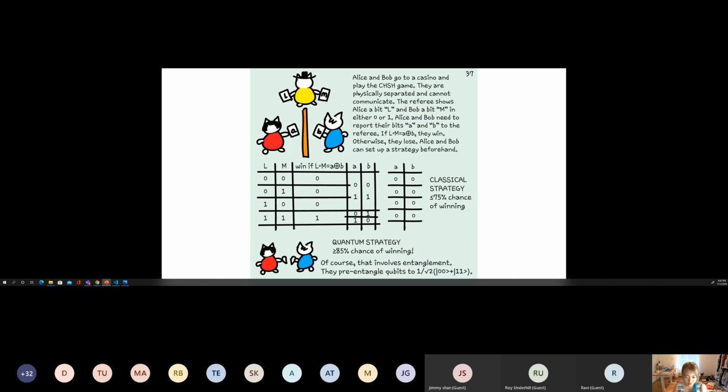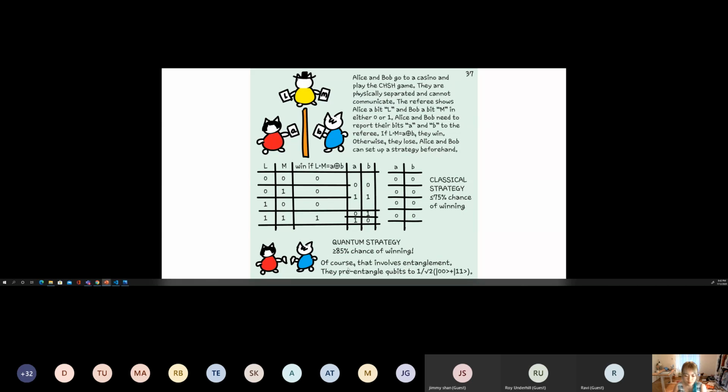But then if you can have a quantum strategy, you can win this more than 85% of the time. So let's say that, of course, this would involve entanglement, because you will have information that is embedded in the entangled initial state. Then you can have some correlation between your outputs.